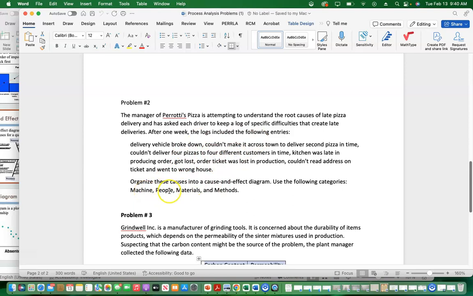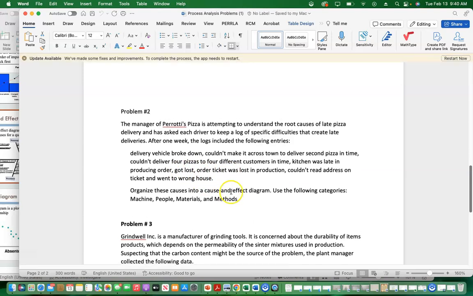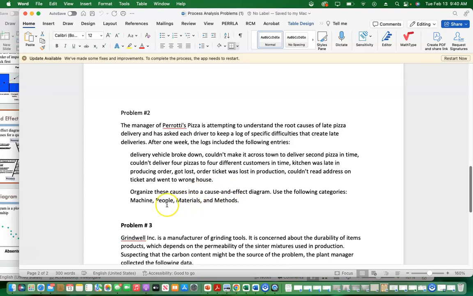If it's people, then what happened? Is it getting lost? Or maybe order ticket was lost in production? Is that the methods? Or is it the materials? Or is it the machine?